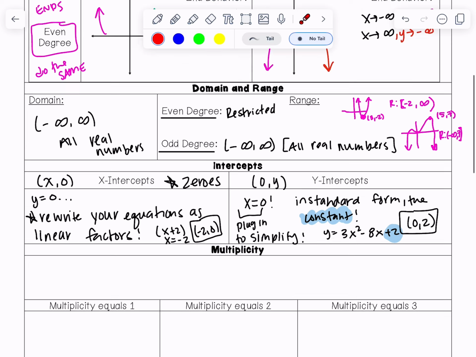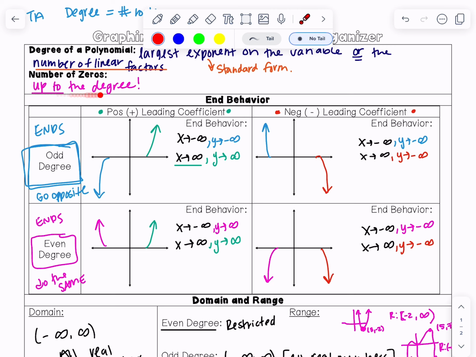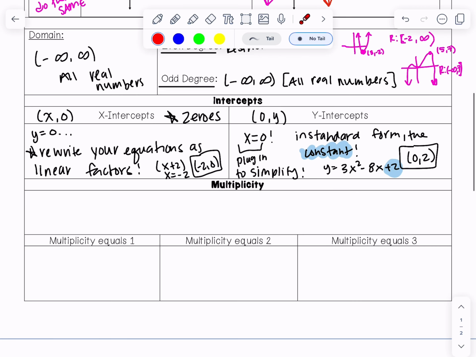Now, we talked about earlier, I said, well, you could have a repeated root or a repeated factor. When this is repeated, so say that this had been x plus 2 squared. If this had been repeated, that is known as a multiplicity. So our multiplicity is the number of times a factor is repeated.